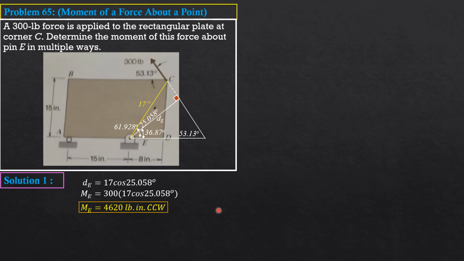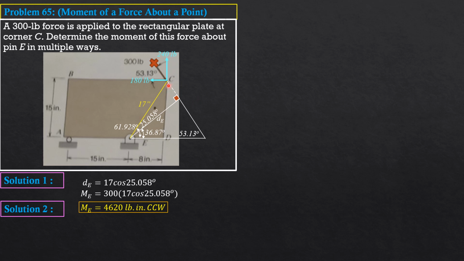For the second method, we have to resolve the 300-pound force into components. Horizontal is 300 cosine 53.13 degrees leftward, and that is equal to 180 pounds. The vertical component is 300 sine 53.13 degrees, and that is 240 pounds.